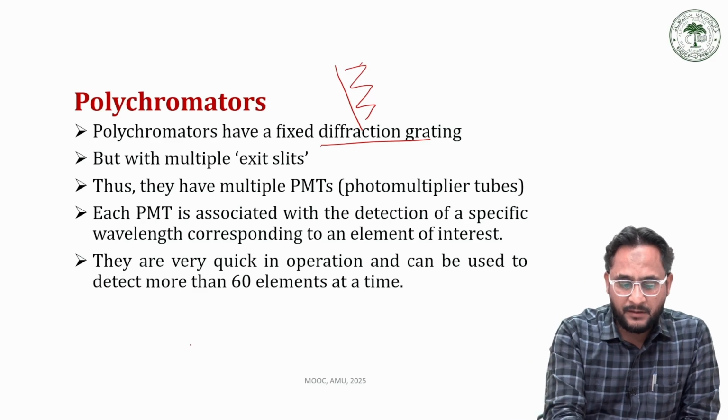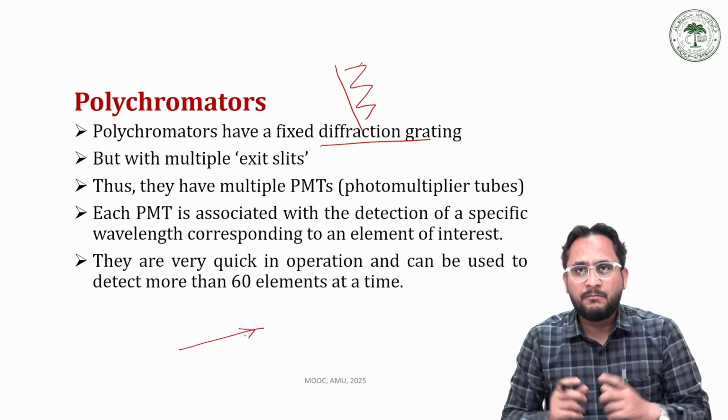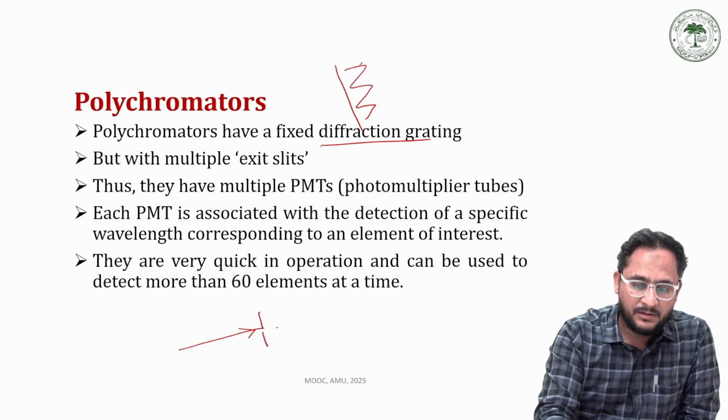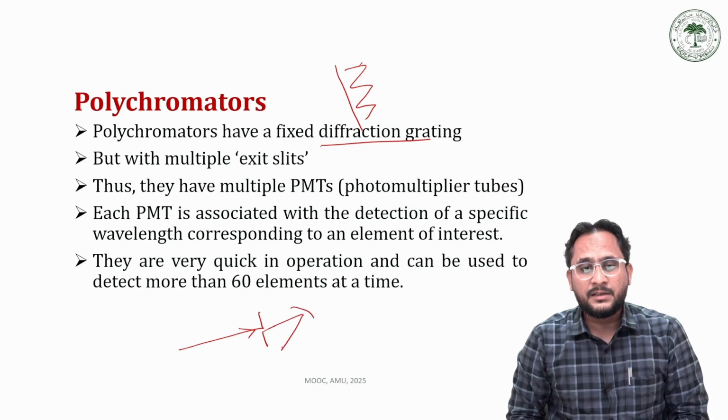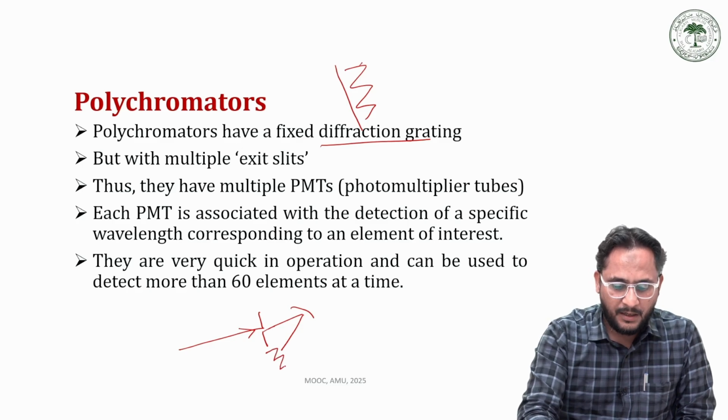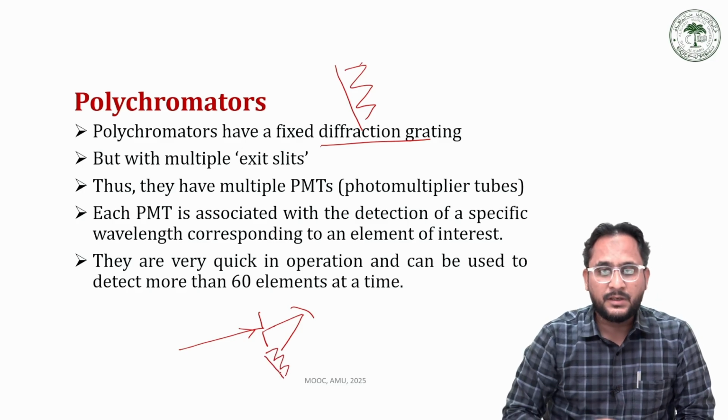For example, we have light radiation of wide wavelength coming in. We have an entrance slit that allows this light radiation. Now we have a mirror over here, and when this mirror reflects the radiation backward, we have a grating placed over here.